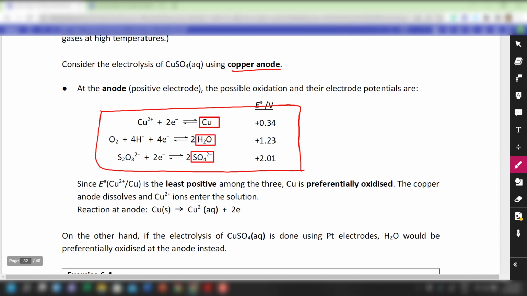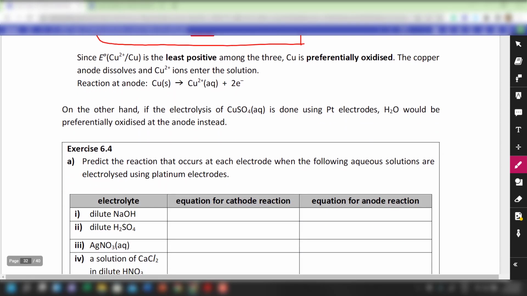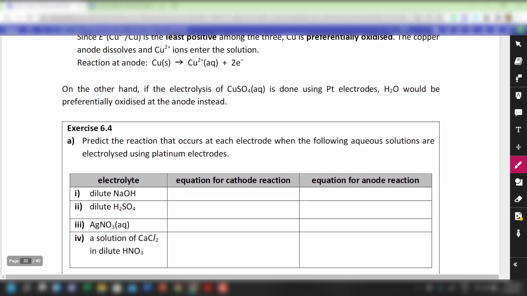So because of that, copper is preferentially oxidized at the anode. When you're using copper electrodes, the copper anode will dissolve and copper(II) will enter the solution. But if we perform electrolysis of copper sulfate using platinum electrodes, then again, similar story to what we have seen earlier on: water would be preferentially oxidized at the anode.